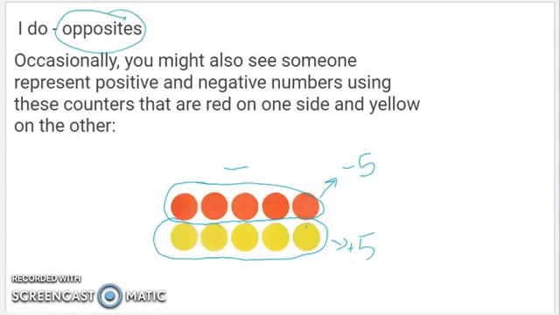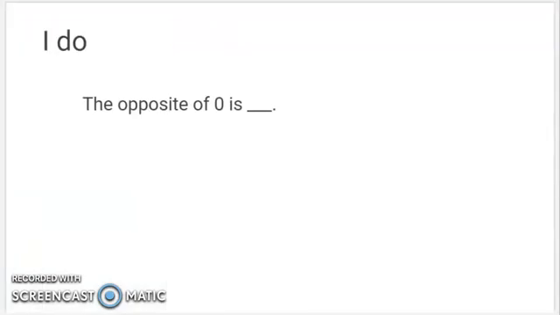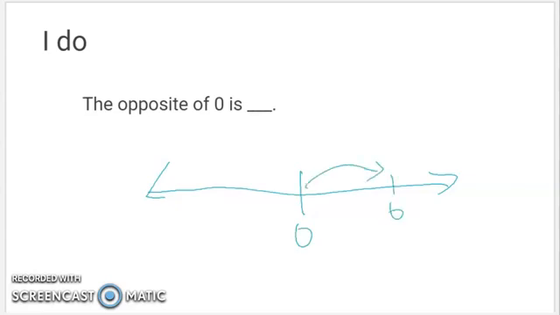There's one little thing that's a little tricky and worth remembering before we go on. The opposite of 0 is, if I think about it, remember opposites, if I go back to this number line strategy, they're the same distance from 0 in opposite directions, right? So when we did 6, we went 6 that way. When we did -6, we went -6 that way. But 0, I don't have to go anywhere to get there.